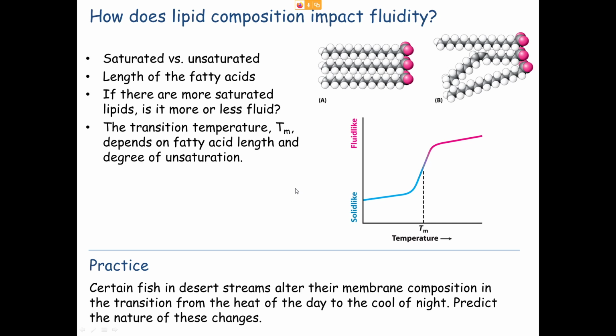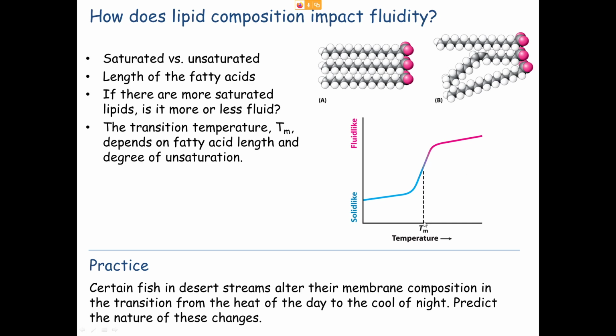So what do you think the melting temperature is in a membrane made of molecules like in A, where they're saturated, versus a membrane made of molecules like B? I think the melting temperature for A is going to be a lot higher than for B. Do you think the shape of the curve will be the same? Yes, I think the shape, yes, but where that TM value lands.